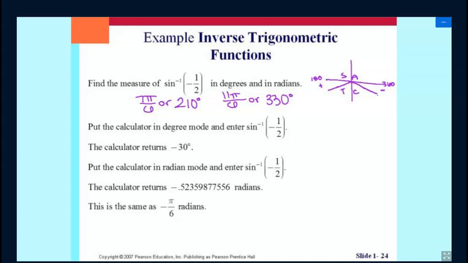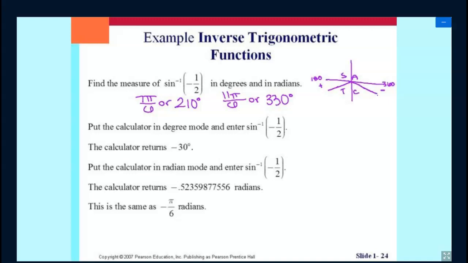So first thing you want to do is we're going to do this once in degree mode and once in radian mode. So go ahead and put your calculator into degree. So in order to do that, you hit on, go to mode, arrow to the right, and go to degree. In order to get the inverse, you have to hit the second key.